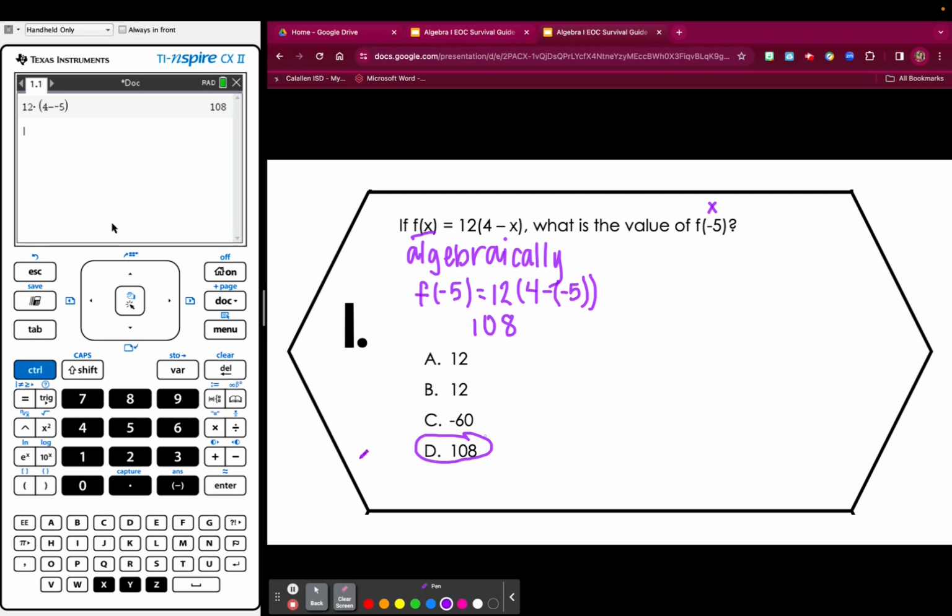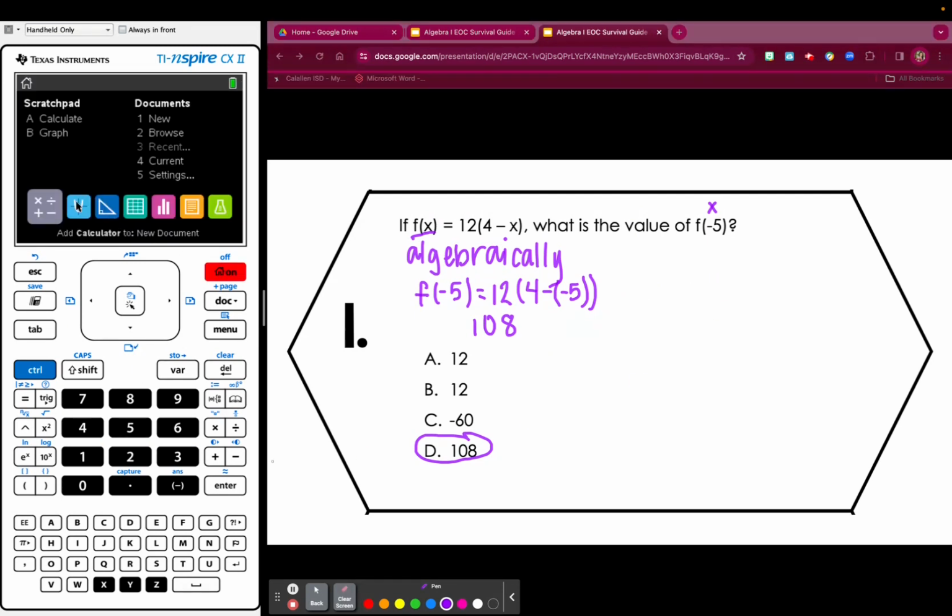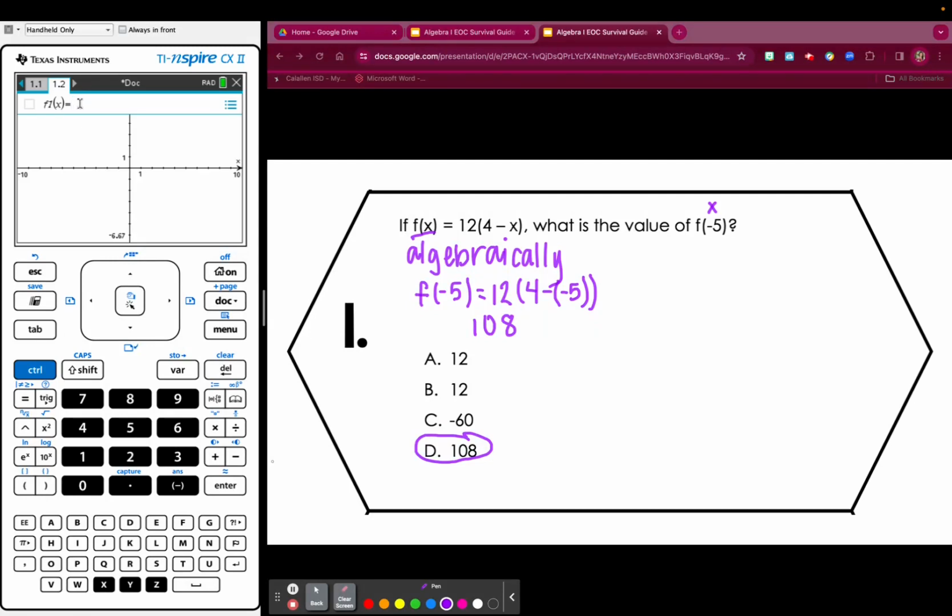So then the next would be using your graphing window. I'm going to press the home button, and open up a graphing window. And I'm going to type in 12, parentheses, 4, minus x. Now, when you do this graphically, you are only typing in the equation that was given to you. You're not typing it in with negative 5 being substituted in.